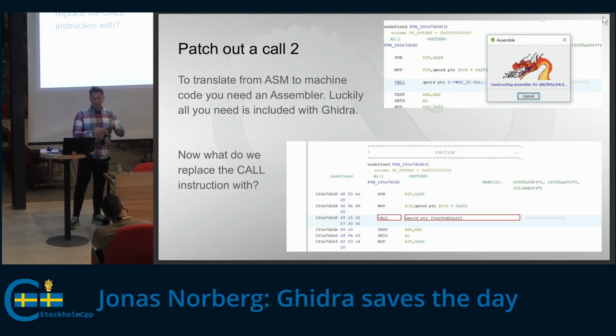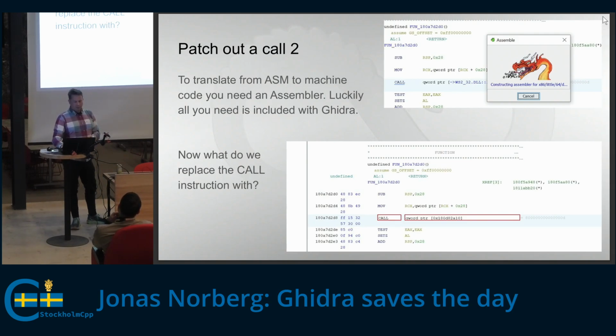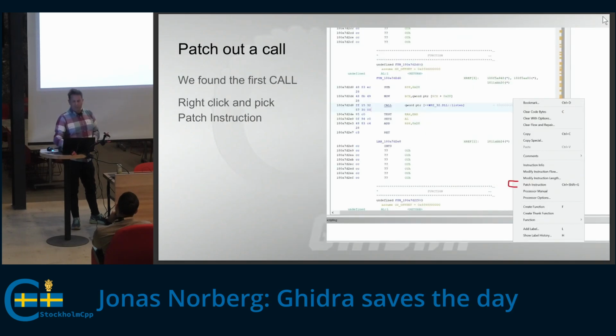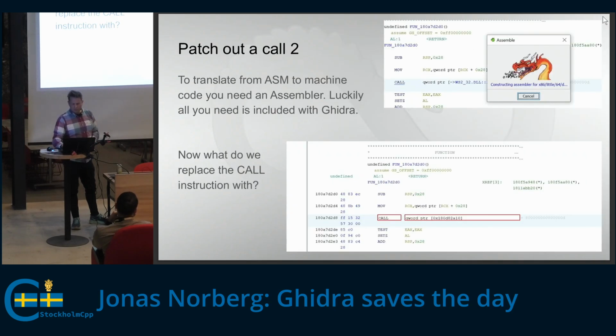Everything is built in, but sometimes it keeps initializing stuff as it needs it, so you'll end up with basically the red squares there. You can just type something else in it, hit enter, and that's the end of it. But the question is, what do we do instead of calling that function? It says DLL listen, and here it says just the address of it. What do we put instead of it?